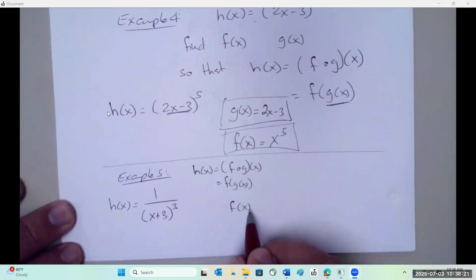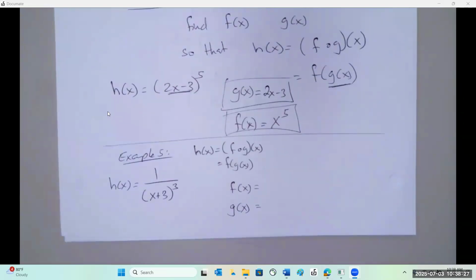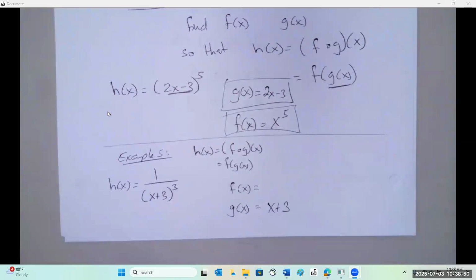Find f of x and g of x. So basically, when we're asking for the inside function, it's the part of the equation you would do first. So it's the first thing you would work on. Inside the parentheses, that's the g of x. x plus 3. That's the inside function.